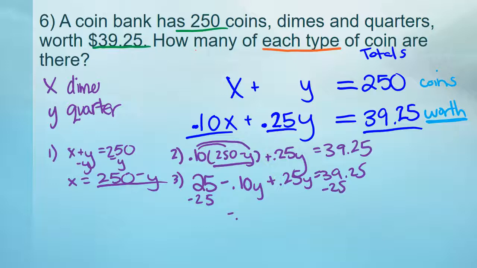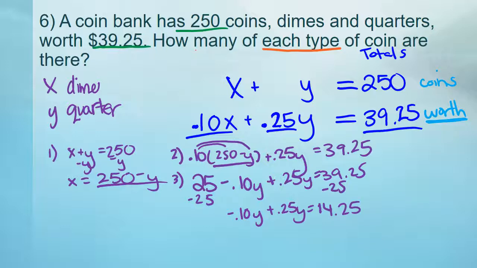That leaves me with negative 0.10y plus 0.25y. And if I have 39.25 and subtract 25, you end up with a value of 14.25.